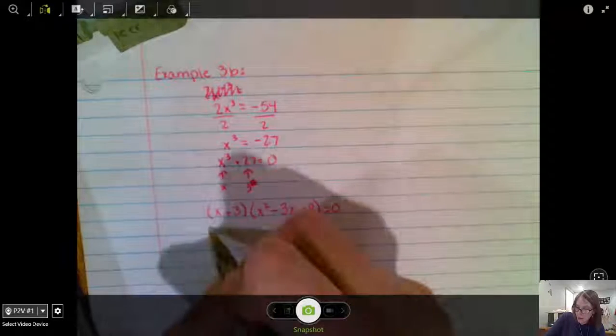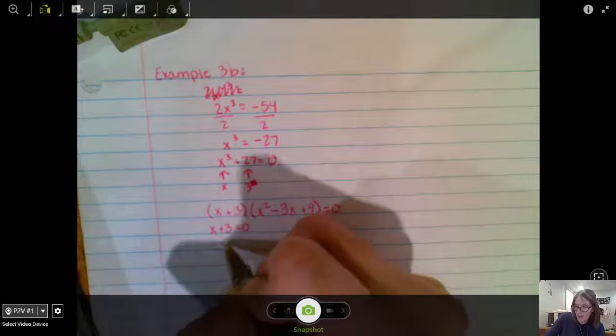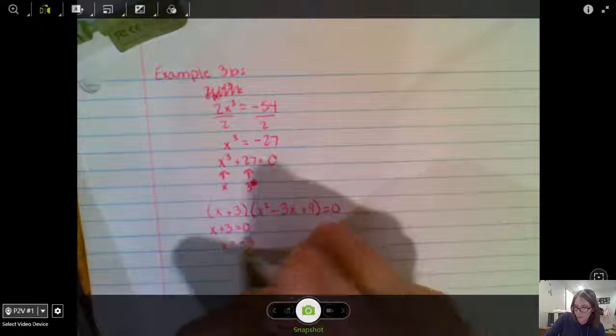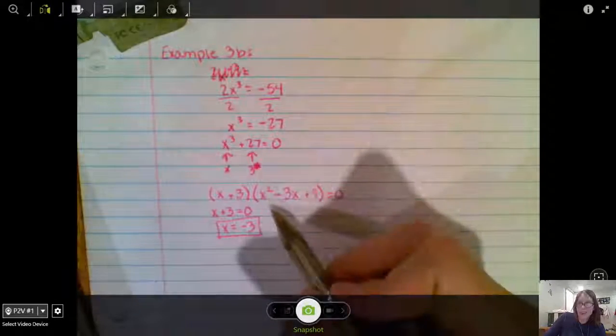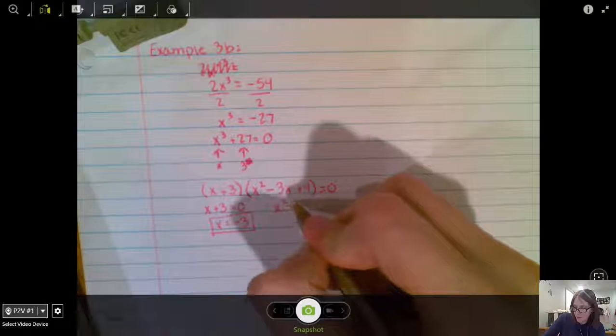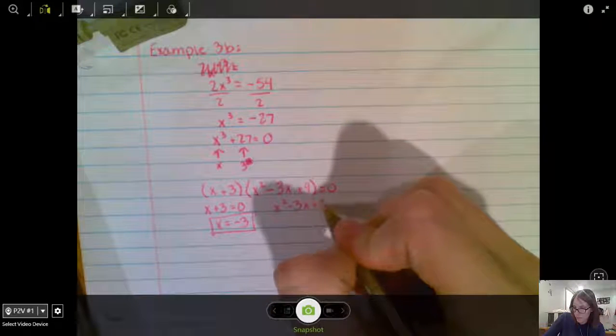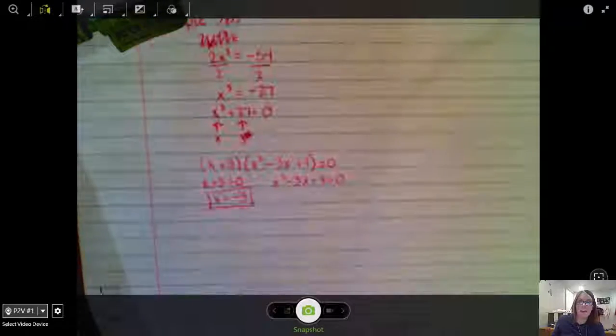Zero product property, x plus 3 equals 0 when x is negative 3. And this part, x squared minus 3x plus 9. Again, our b value is odd, and it doesn't factor.